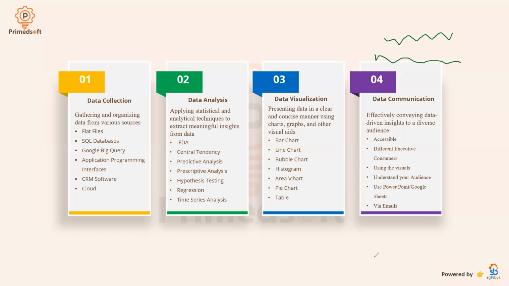So if you are building a dashboard for consumers in the Middle East mostly, you need to put your most important visuals on the top right corner and the least important on the bottom left corner, because when they start consuming it, they will start from the top right corner.